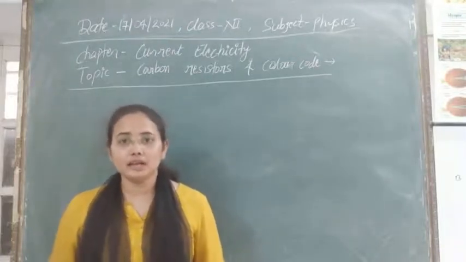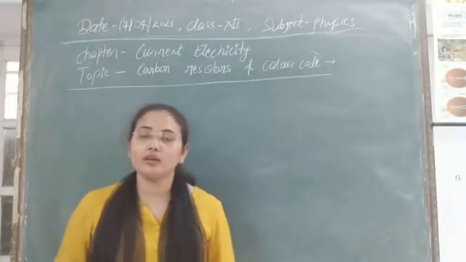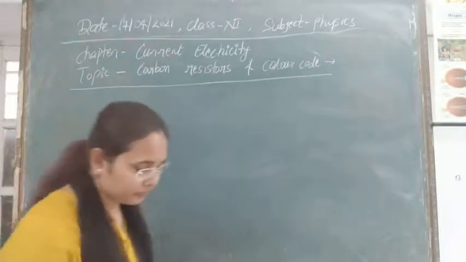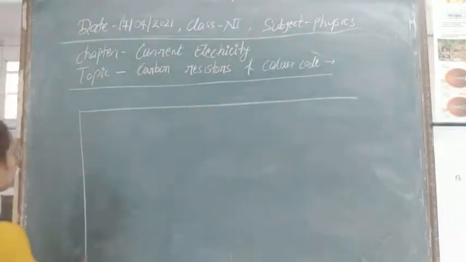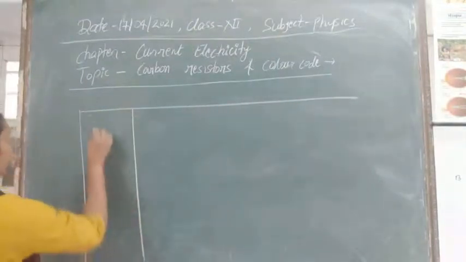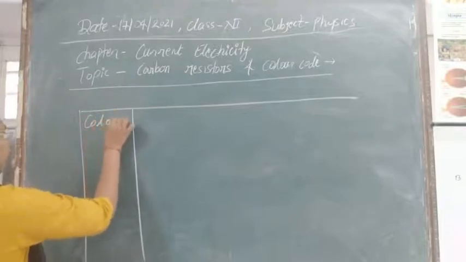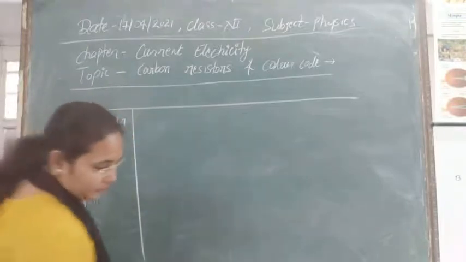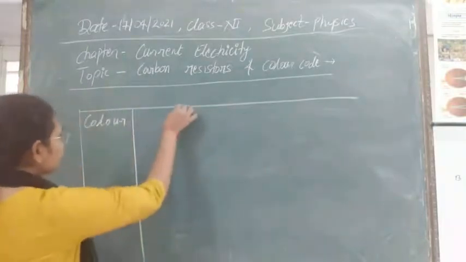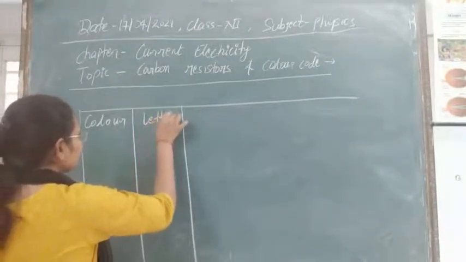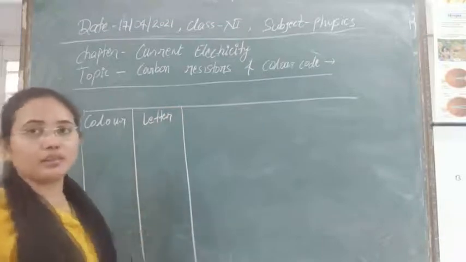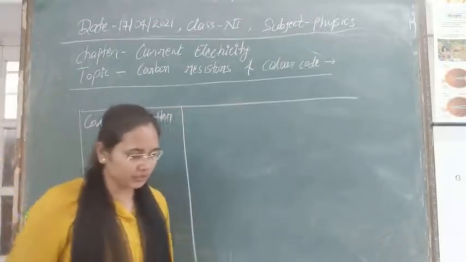Every country uses this same chart for making the resistors. So in this chart, the first column is of color. The second column has letters that we use on the resistors to show their color.